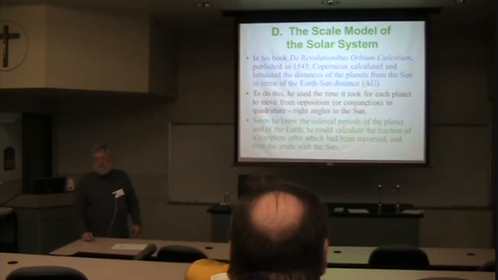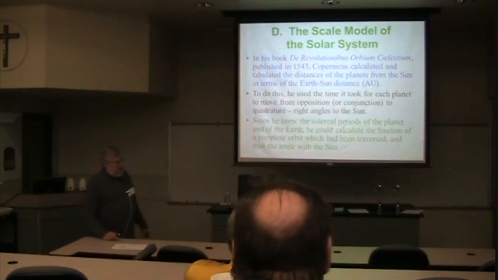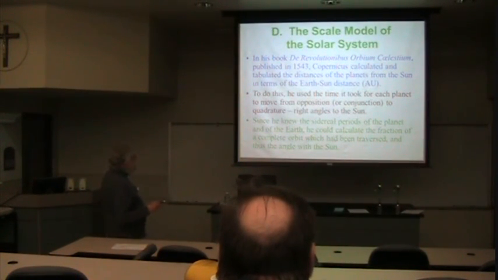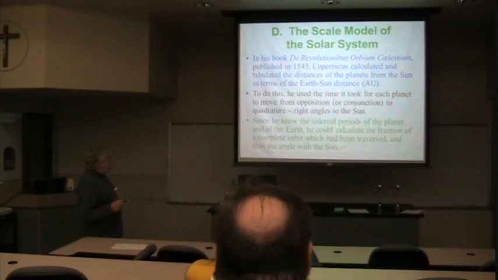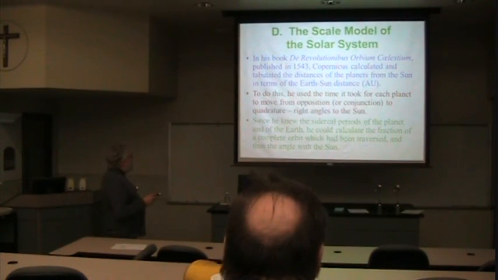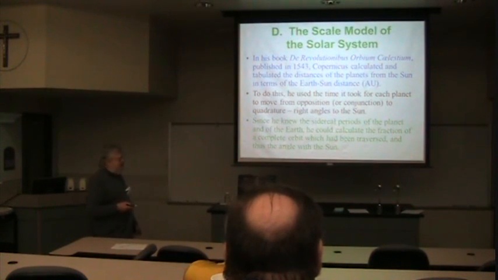None of these distances were known in actual miles or even stadia, but he was able to put each one in terms of the Earth-Sun distance. And he did this by timing the length of the planet's year and setting up similar triangles as the planets moved, so that compared to the Earth, he could figure out how much farther each planet was from the sun compared to the Earth.